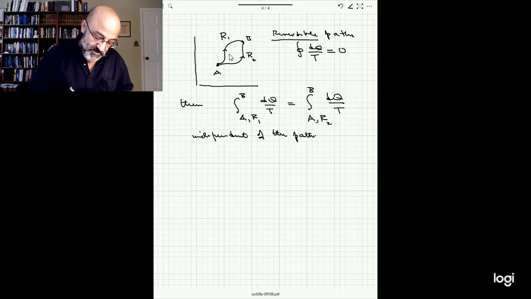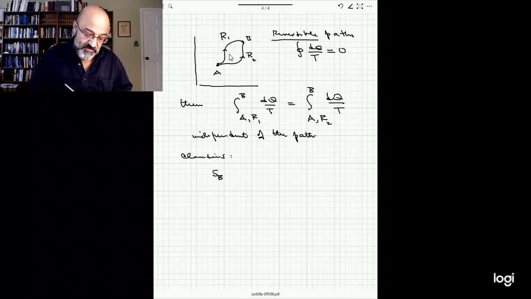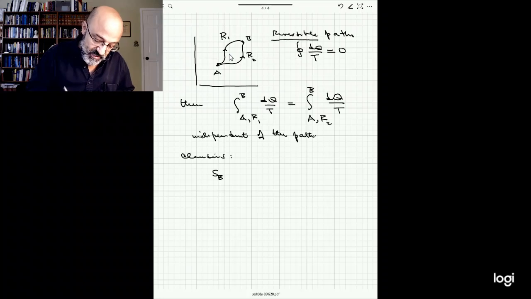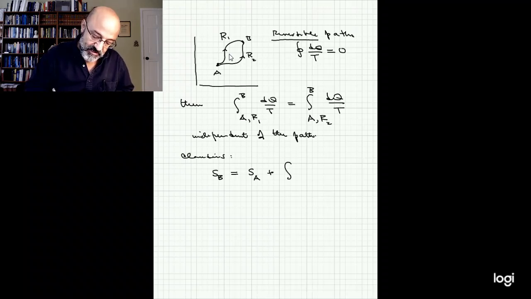So what Clausius realized is that this allows you to invent a function. The function would be the entropy. This function at the point B can be written as the function at the point A plus the difference in entropies between the two.